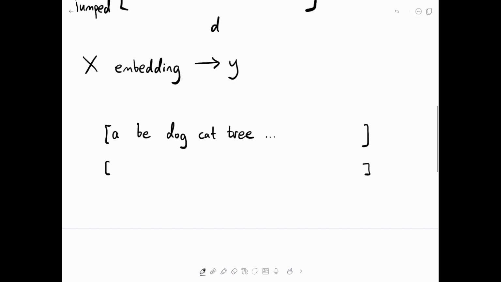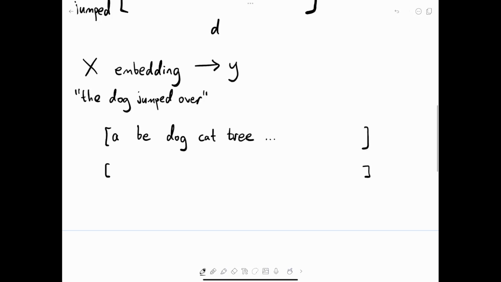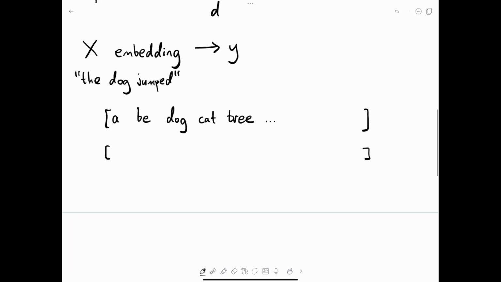And the idea is that given the text x, so "the dog jumped over," what is the most likely word to follow this sentence? And that word might be "over."